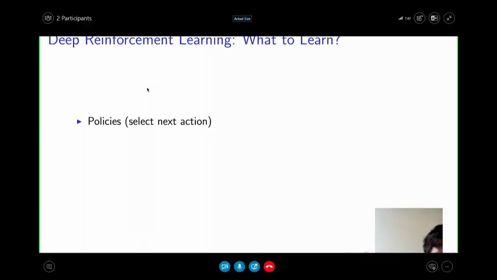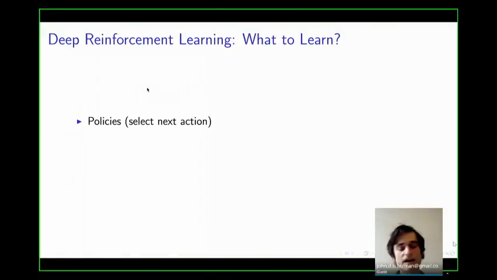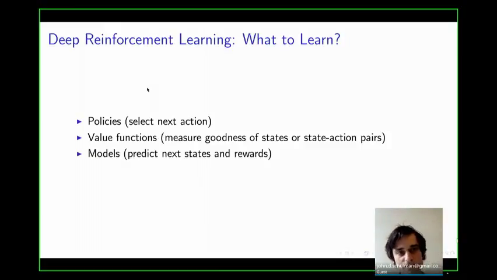And one interesting thing is that in reinforcement learning, there are several different choices of what to approximate. This contrasts with, say, supervised learning, where you just want to approximate your conditional probability distribution or something like that. So in reinforcement learning, there are several reasonable choices.